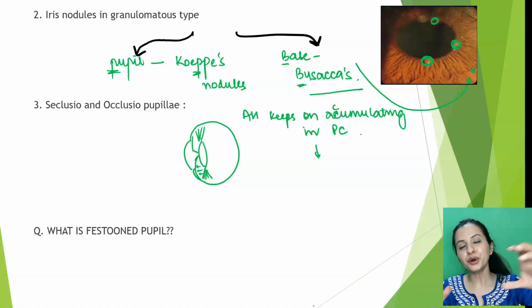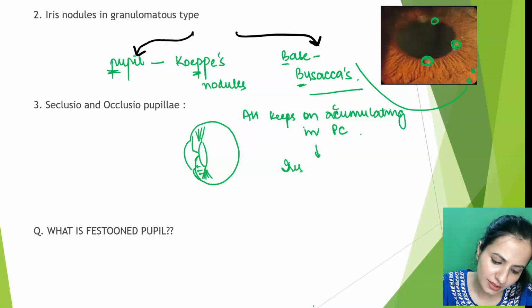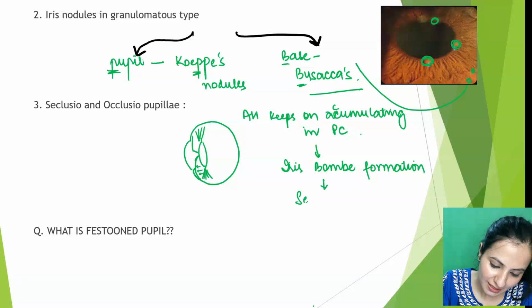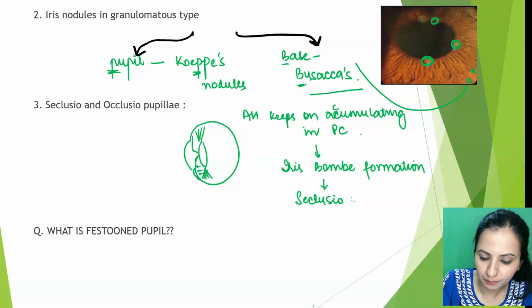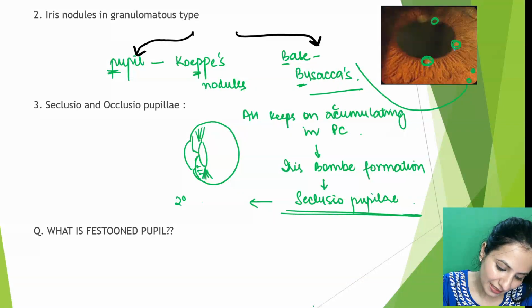This will lead to forward bowing of the iris, which you call iris bombé formation. Now, what will it lead to? It will lead to what you call seclusio pupillae. And this will lead to secondary angle closure glaucoma.